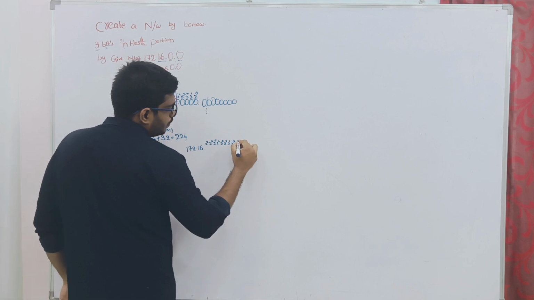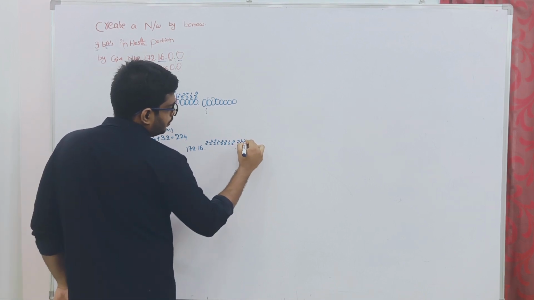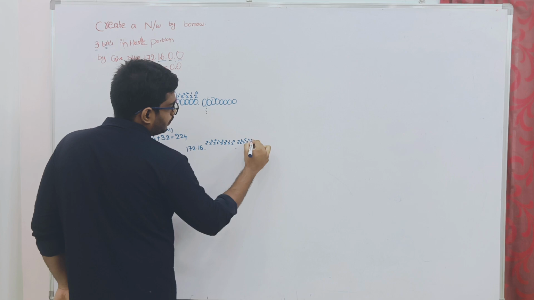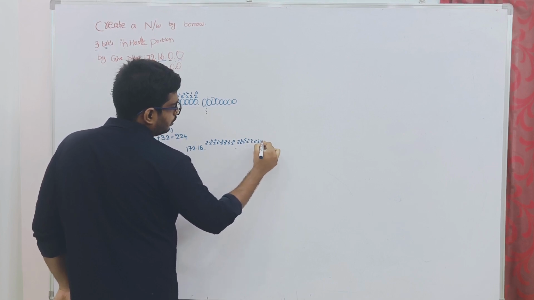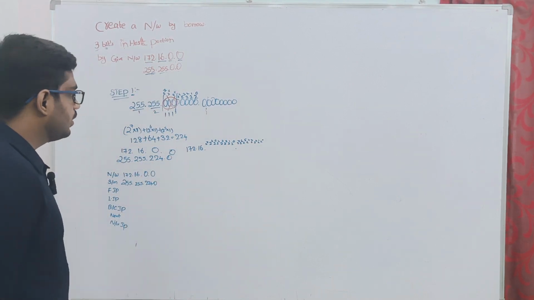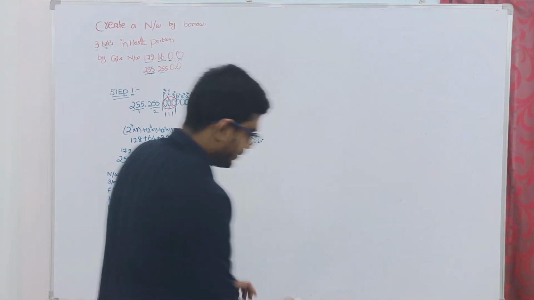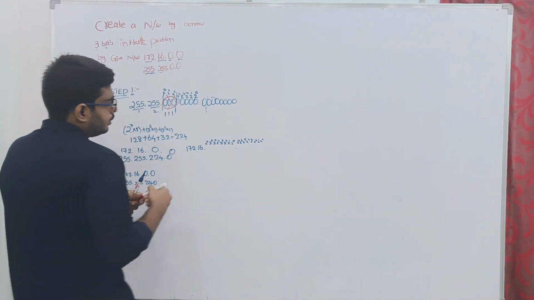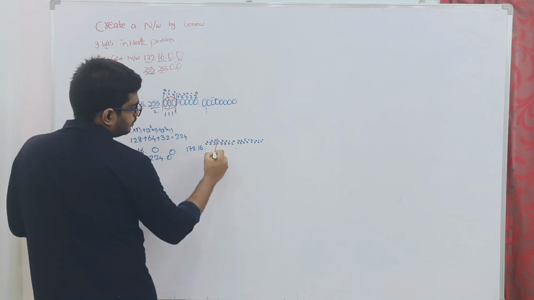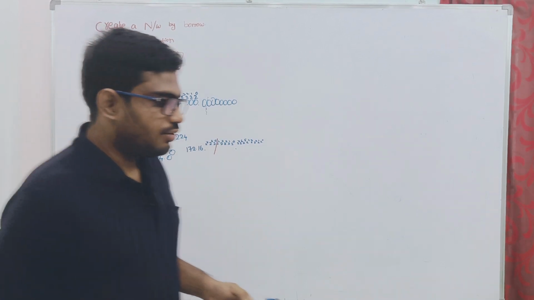Here also 2 power 7 down to 2 power 0. We want to take 3 bits for the network. You take 3 bits and make the rest of them host bits.